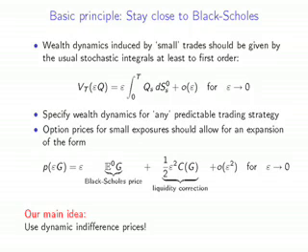Of course, there will be some corrections, but these corrections should be of higher order than our first order approximation, which is the Black-Scholes or the classical math finance approach to wealth dynamics.